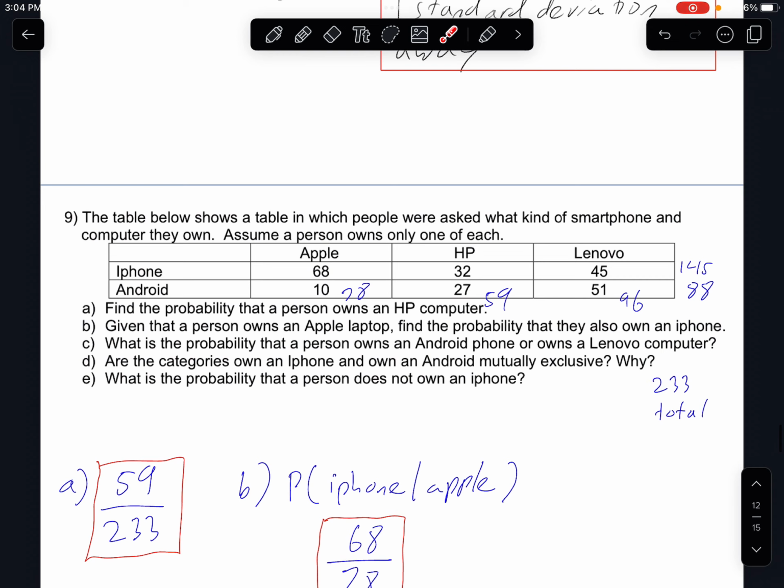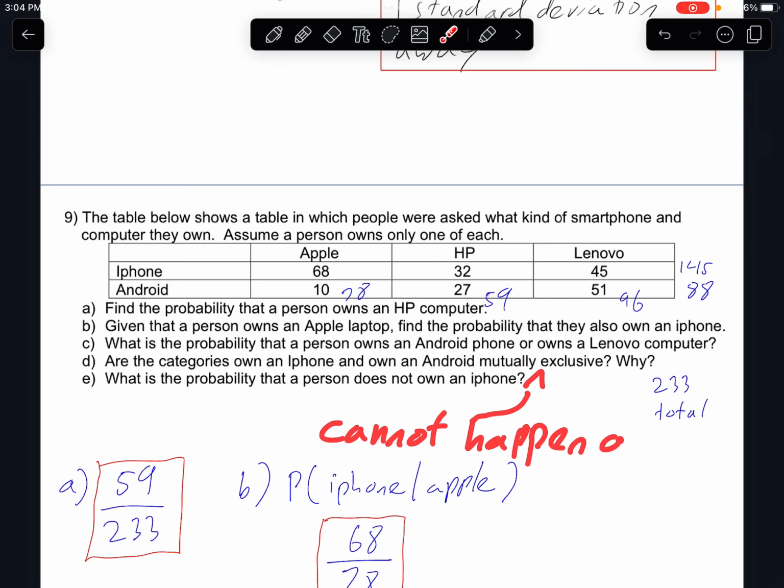So in this study, are the categories owning an iPhone and owning an Android mutually exclusive? Now remember, the word mutually exclusive means cannot happen at the same time.